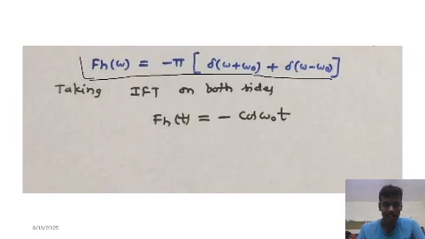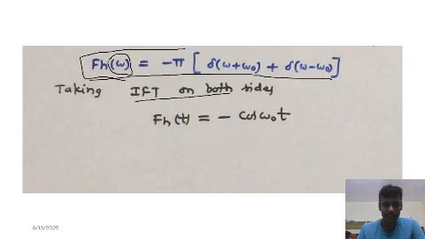This is the equation of the signal when both signum omega and the sine transform get multiplied. So now to get our Hilbert transform, we have to convert this frequency domain into the time domain, which is nothing but the inverse Fourier transform.